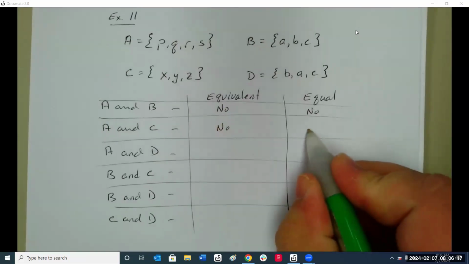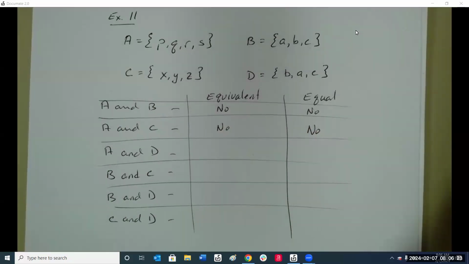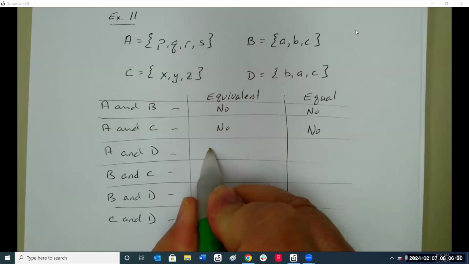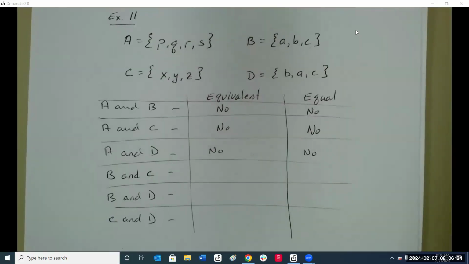And equal? No, for the same reason as A and B. How about A and D? And no again, because A has 4, everybody else has 3, that means it's neither equivalent nor equal.